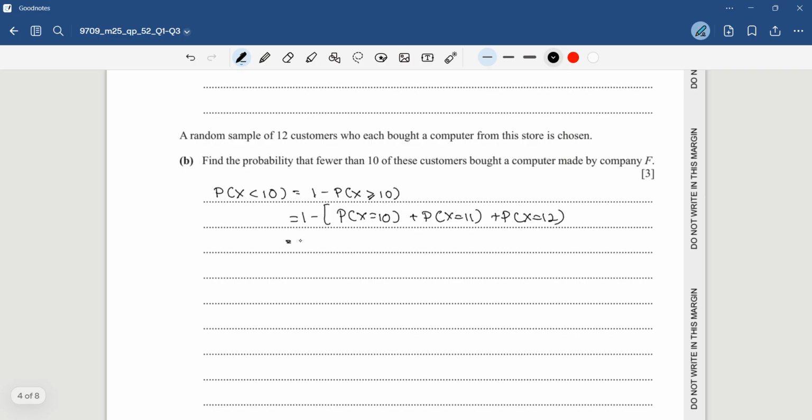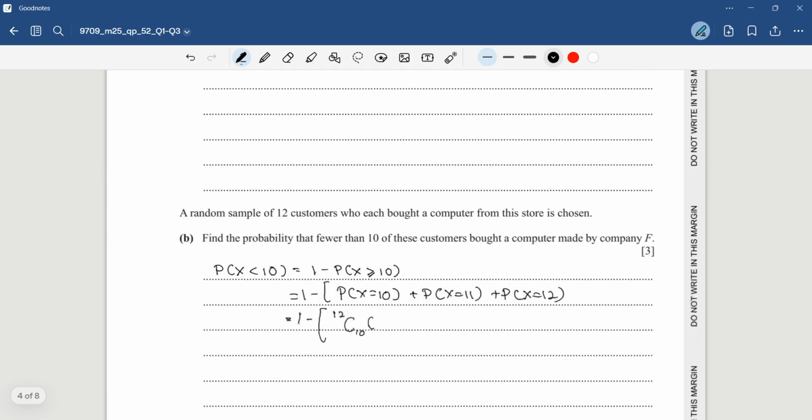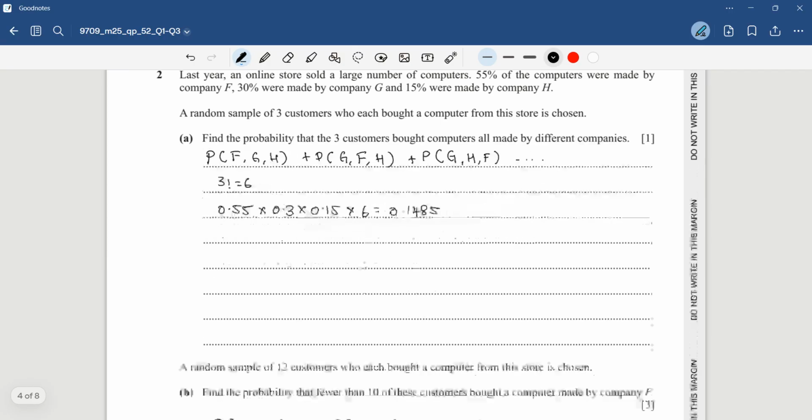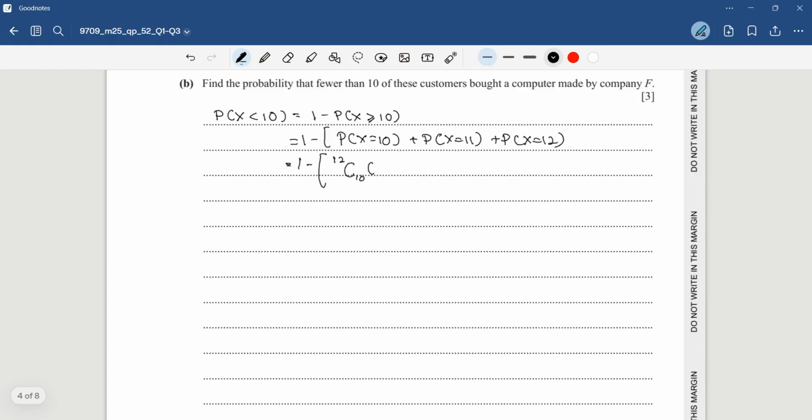So it's going to be 1 minus 12C10 multiplied by the probability of getting F, so F is 0.55, 0.55 to the power of 10, 0.45 to the power of 2.